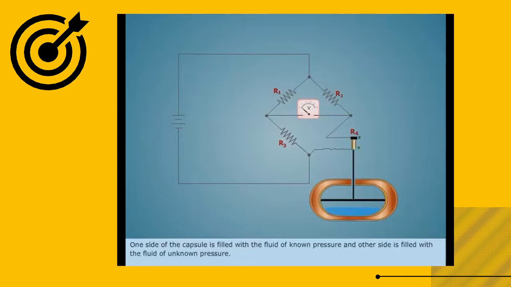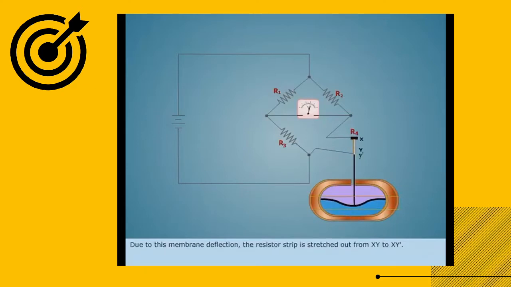One side of the capsule is filled with the fluid of known pressure and the other side is filled with the fluid of unknown pressure. The pressure difference of 2 fluids inside the capsule causes membrane deflection in one side. Due to this membrane deflection, the resistor strip is stretched out from XY to XY'. This stretching causes a reduction of area of cross-section of the strip and increases its length.